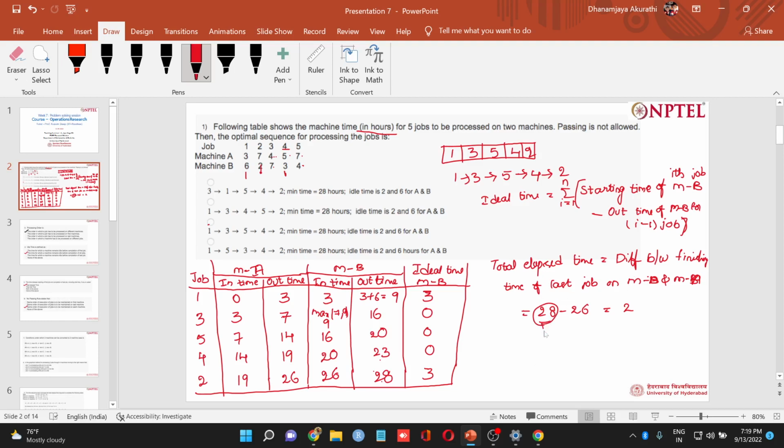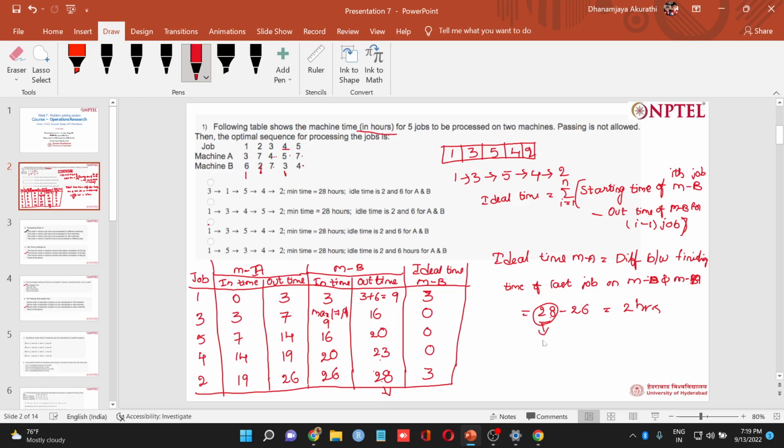This is the total elapsed time here, and this difference is called the idle time for mission A. Idle time for mission A is 2 hours, and the total elapsed time is 28 hours to complete all the jobs in a sequence.